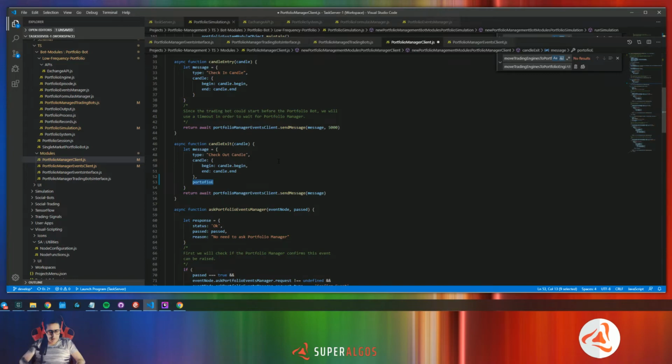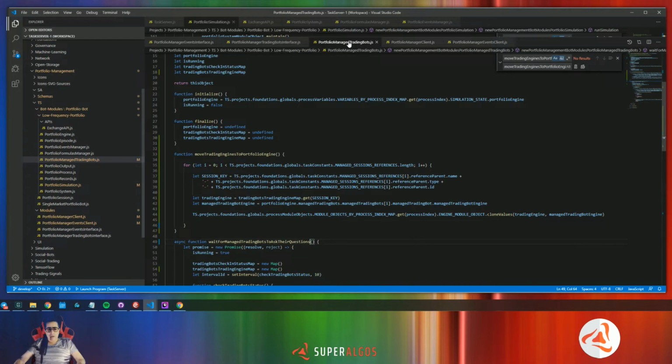Not the portfolio engine, trading engine. Okay, so we're going to figure out how to get that there.